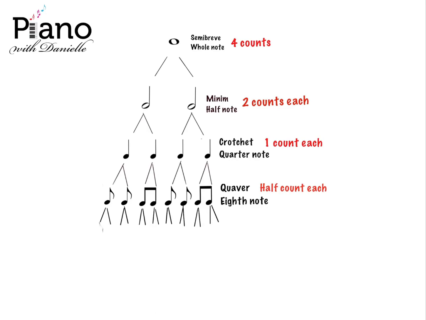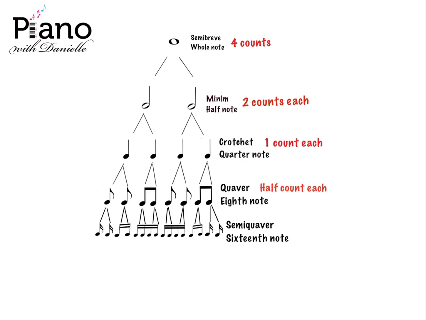If I cut each quaver in two, I get these notes. Sometimes you'll see that they look like this, if they're on their own, or you might see them in a pair and they look like this, or you might see them like this if they're in a group of four. Whichever way you see them, each one is called a semiquaver, or some people refer to it as a 16th note.